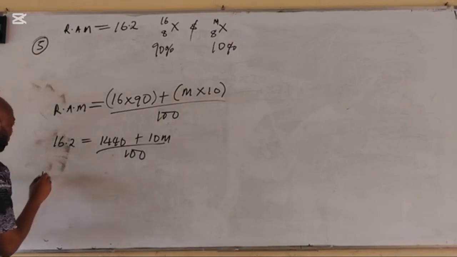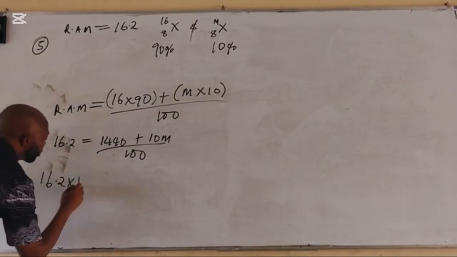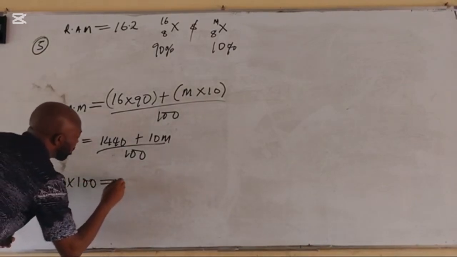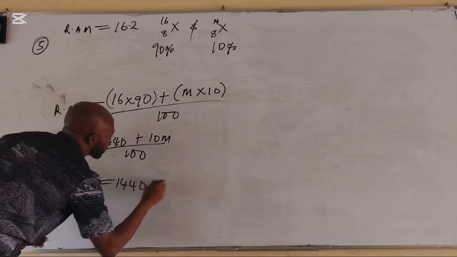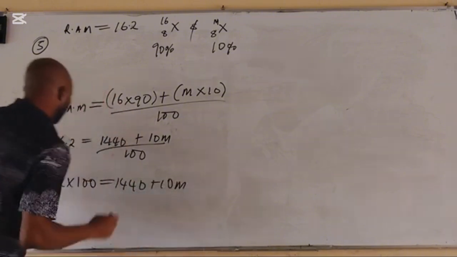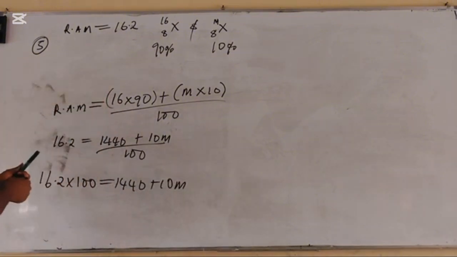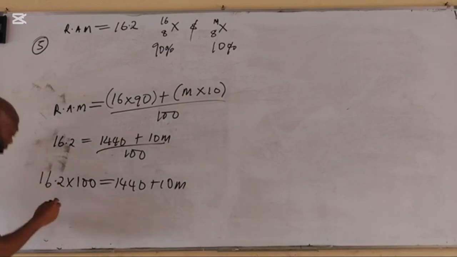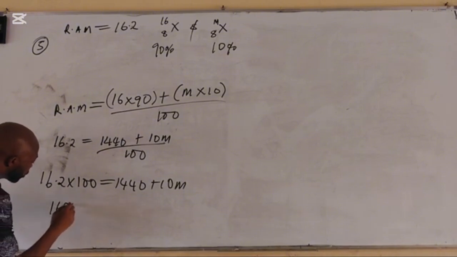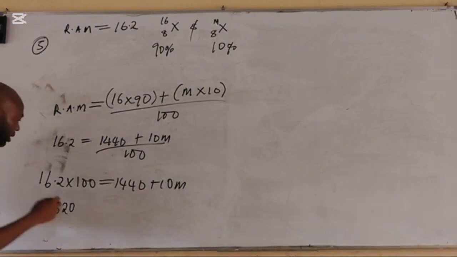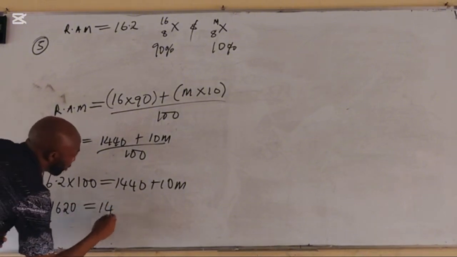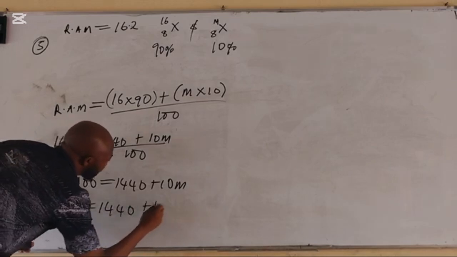So this becomes 16.2 times 100 is equal to 1440 plus 10N. 16.2 times 100 is equal to 1620. So 1620 is equal to 1440 plus 10N.